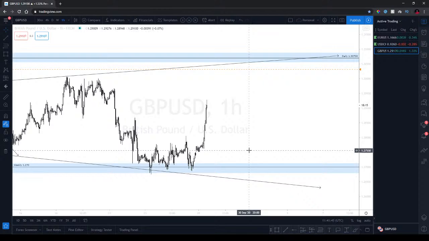Alright, so we're gonna go ahead and get away from the pairs that I'm paying attention to and focus on what you guys want me to look at. So I see Ben wants me to look at EURJPY.